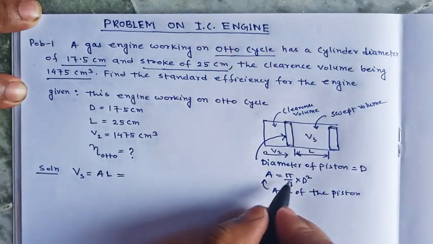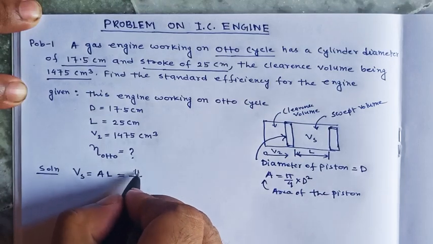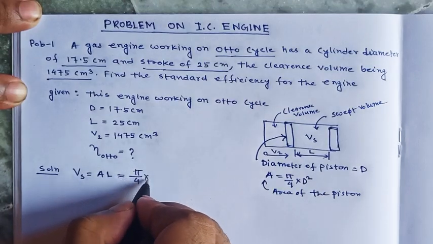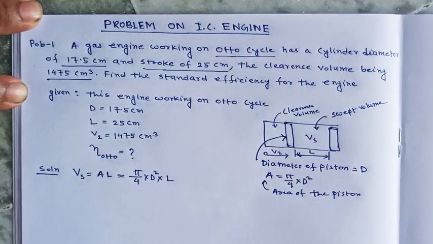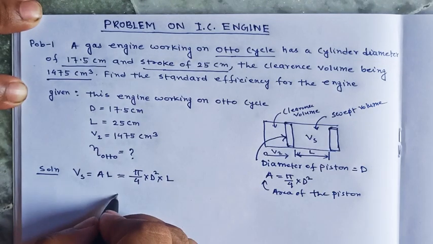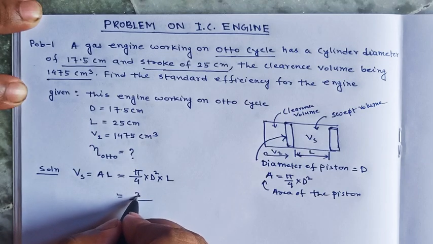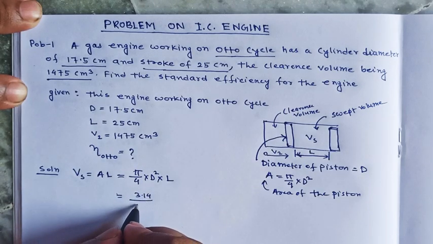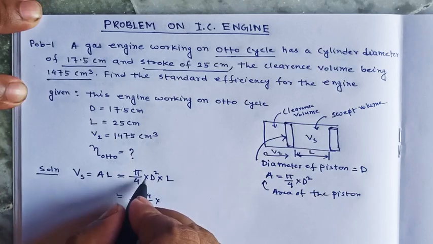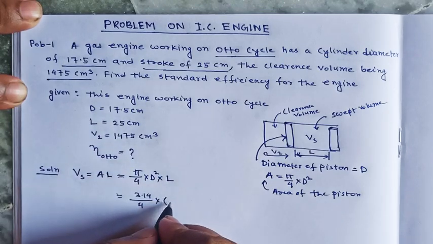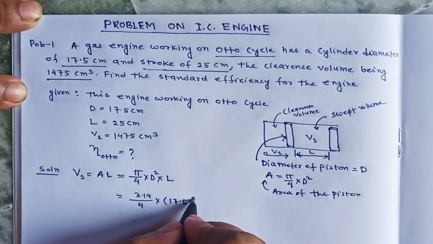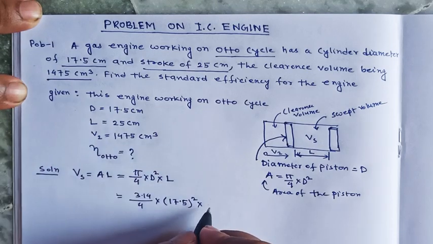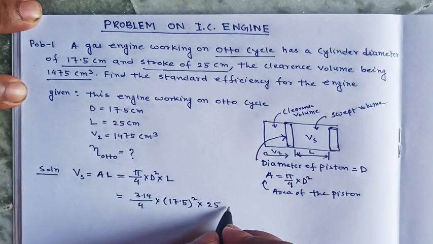So A is pi by 4 into D square into L. So this value will come 3.14 by 4 into diameter is given, that is 17.5 whole square into L, that is 25.